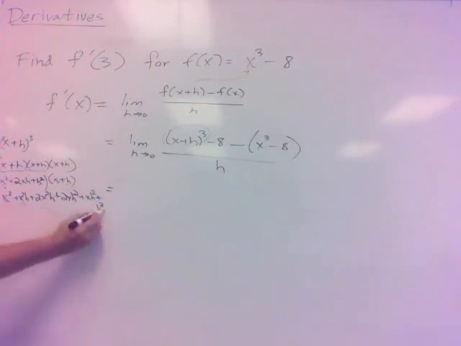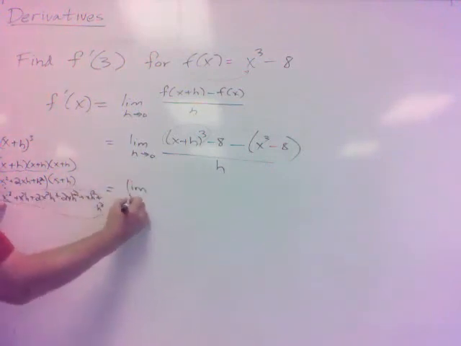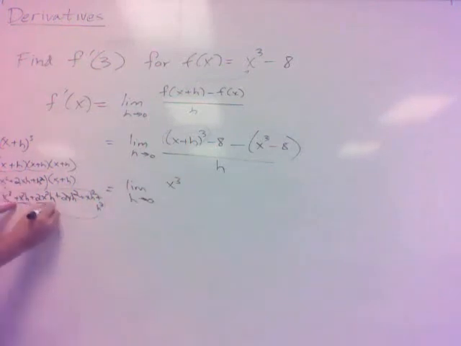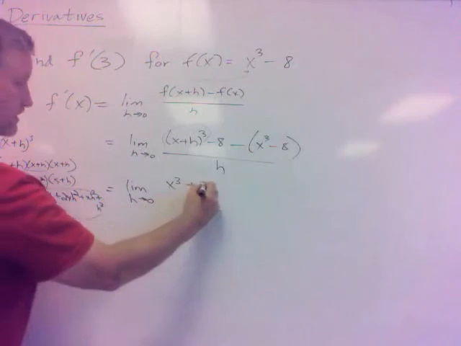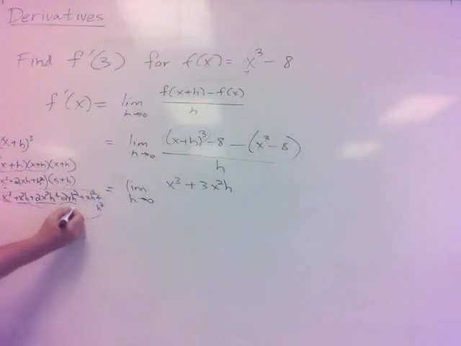So here's x plus h cubed, clean it up with the like terms. I have the limit as h approaches 0. For x plus h cubed, we've got an x cubed. It's 3x squared h, isn't it? 1x squared h plus 2x squared h is 3x squared h. Then we've got 2xh squared and 1xh squared, that's 3xh squared.